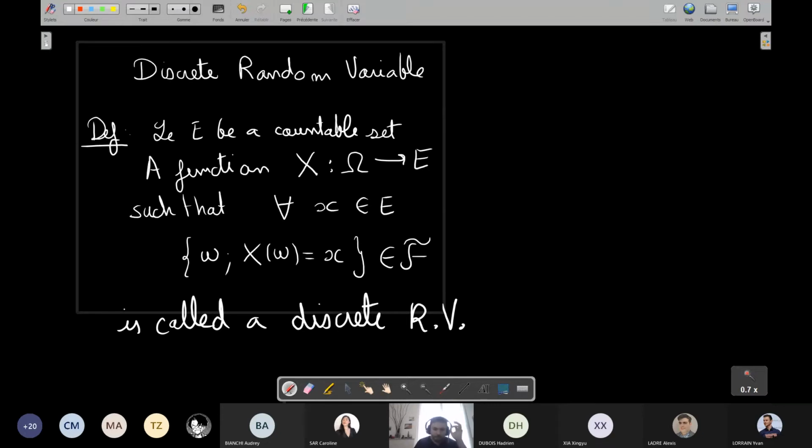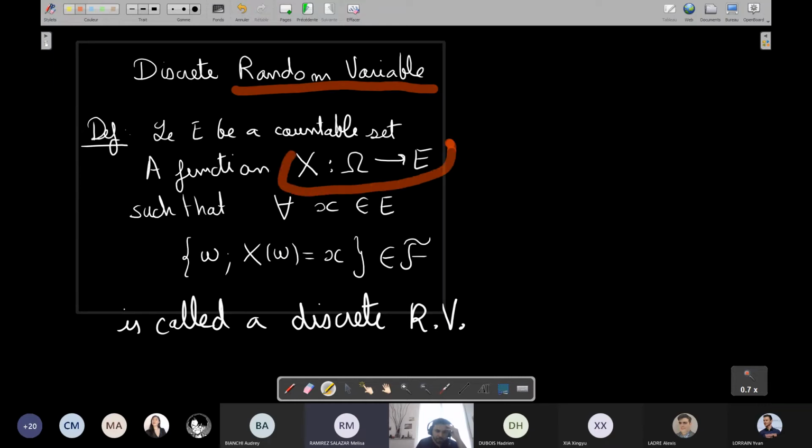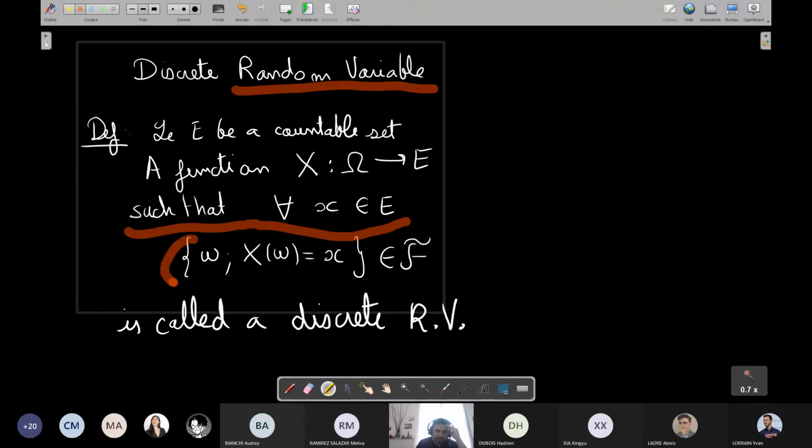Okay, a function X that goes from omega to E, such that for any x in E, this set is in F, is called a discrete random variable. Okay.